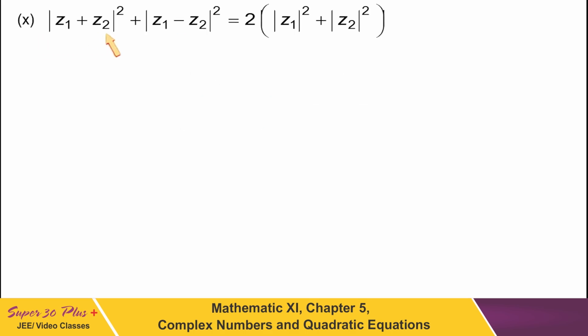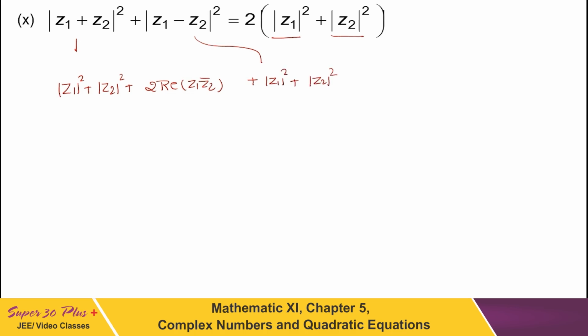It is mod z1 plus z2 whole square plus mod z1 minus z2 whole square, which is equal to twice mod z1 square plus mod z2 square, because as we know, this is mod z1 square plus mod z2 square plus 2 real z1 z2 bar, and this is equal to mod of z1 square plus mod of z2 square minus 2 real z1 z2 bar, and this cancels out and we can easily find this is twice mod z1 square and twice mod z2 square.